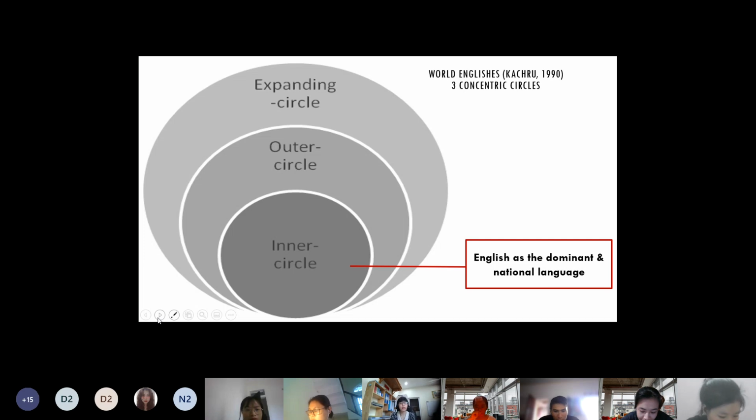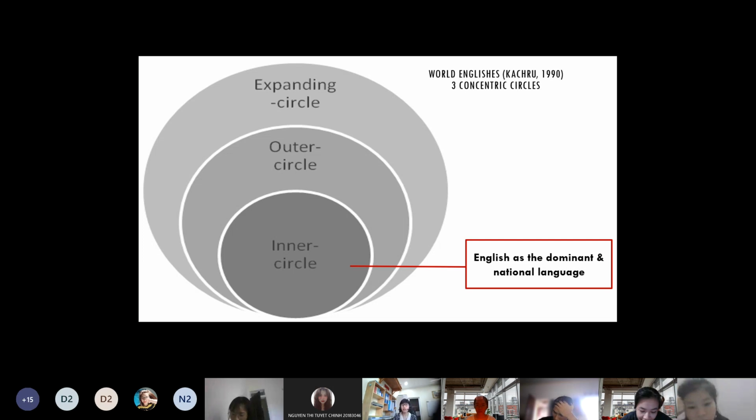So some countries have more than one dominant language, like in Belgium, where a part speaks French, and another part speaks Dutch. Okay, so two languages equally important. But the countries in the inner circle have English as the dominant and the national language.